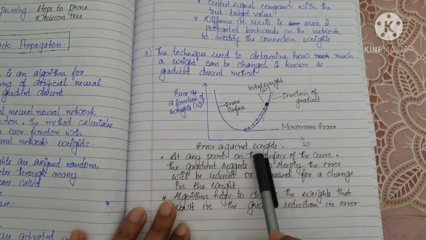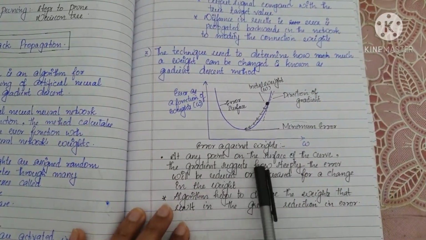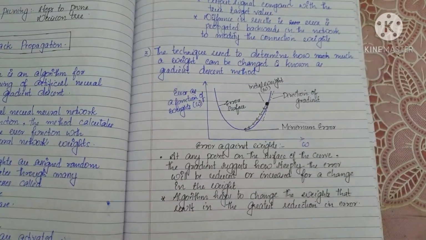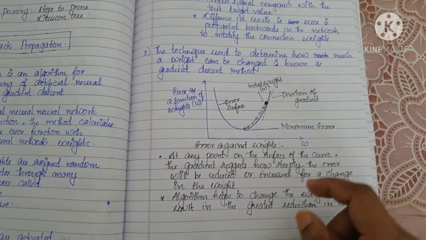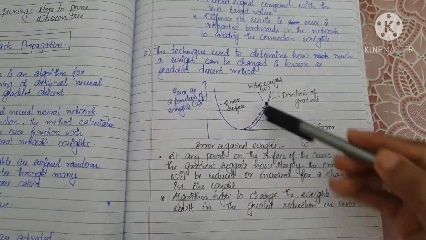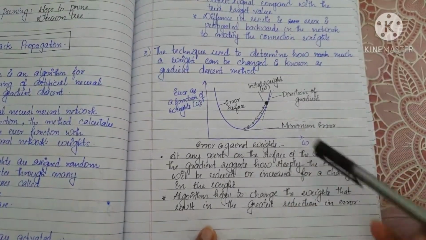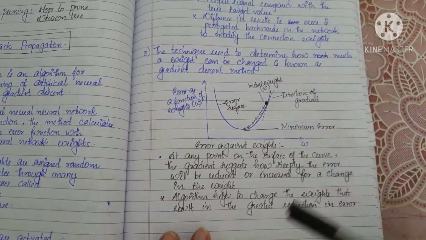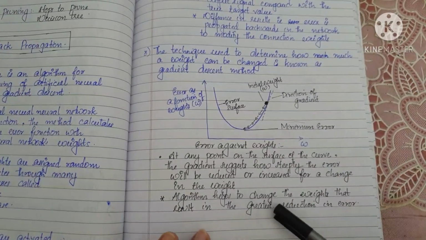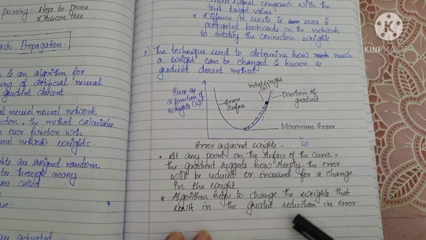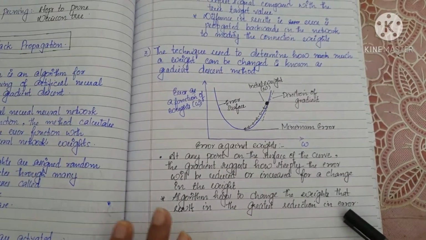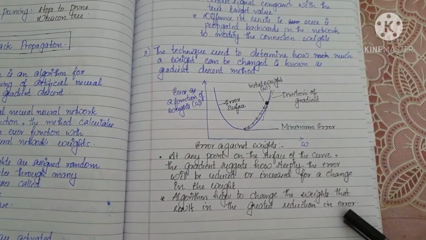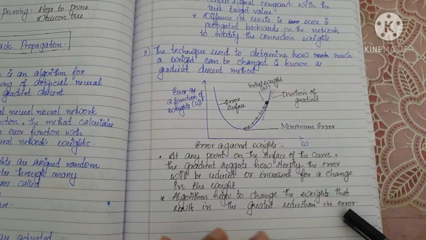This is the error against weights. At any point on the surface of the curve, the gradient suggests how steeply the error will be reduced or increased for a change in weight. The algorithm helps to change the weights that result in the greatest reduction in error. That means our algorithm will always result in a weight that reduces our actual error.